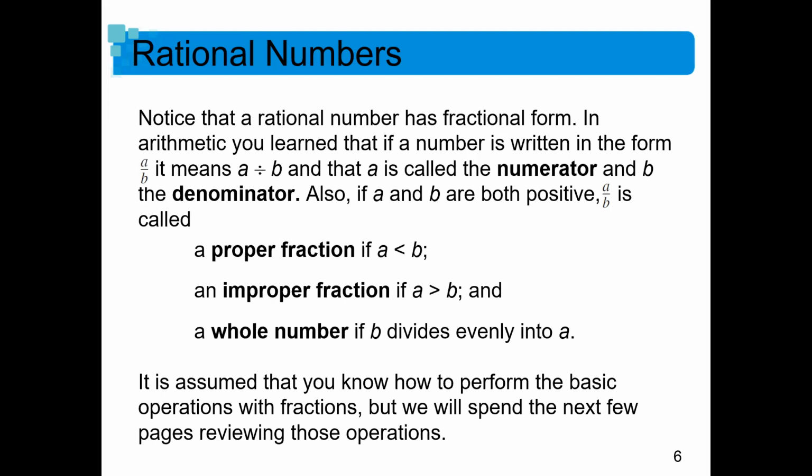I meant less than b earlier, I'm sorry. And a whole number if b divides a. So if b divides evenly into a, then the answer is a whole number. It is assumed that you know how to perform the basic operations with fractions, but we will spend the next few pages reviewing those operations.